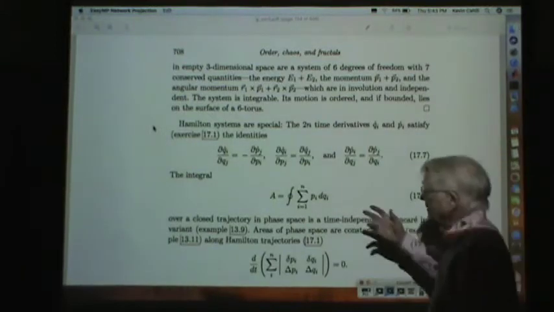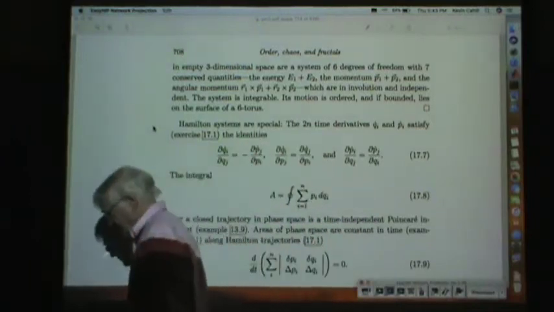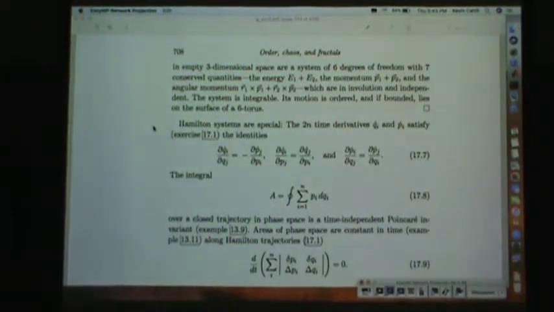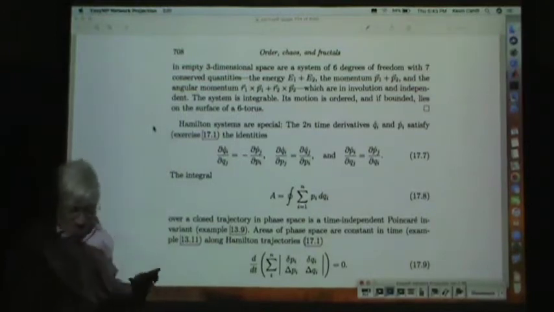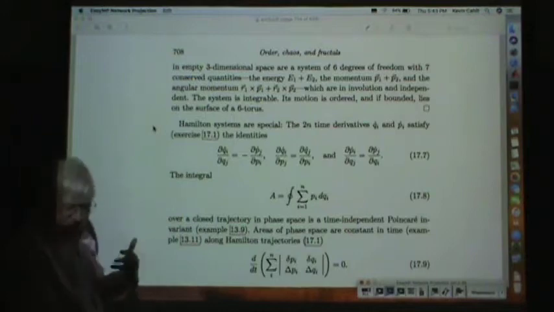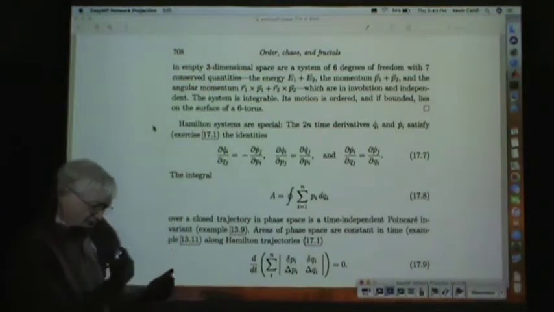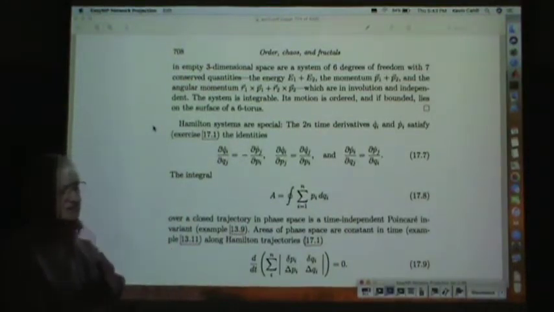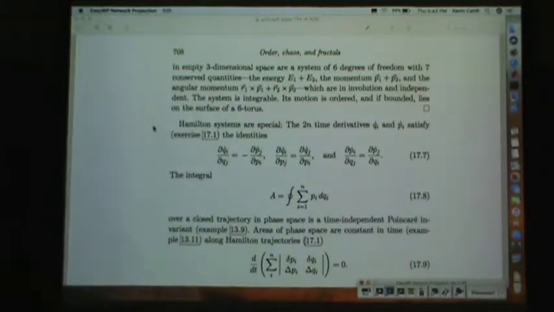But as I said before, integrable systems are very rare, and even though Hamilton systems are special, remember, the Hamilton system is one where the coordinates and the momenta vary according to Hamilton's equation. So that already is special.